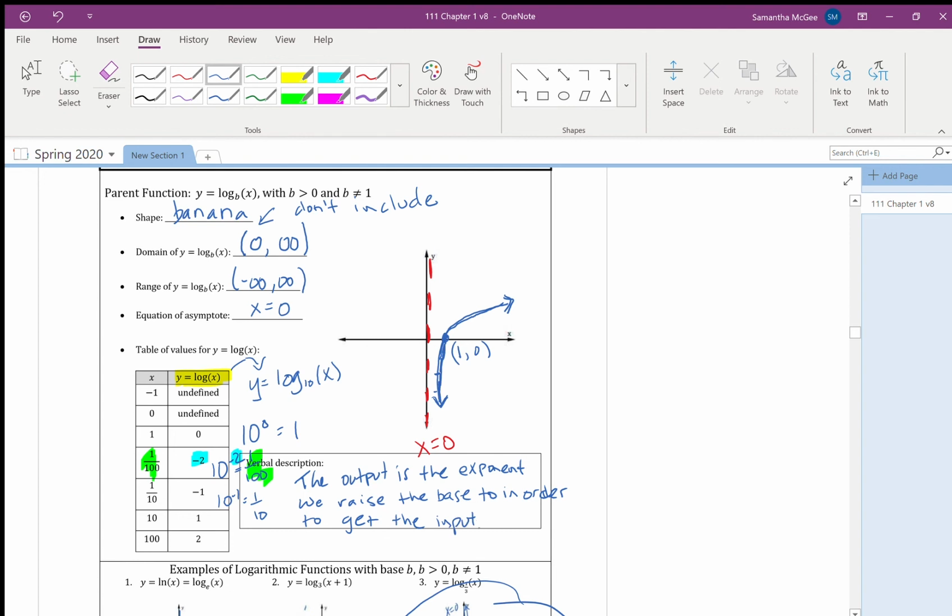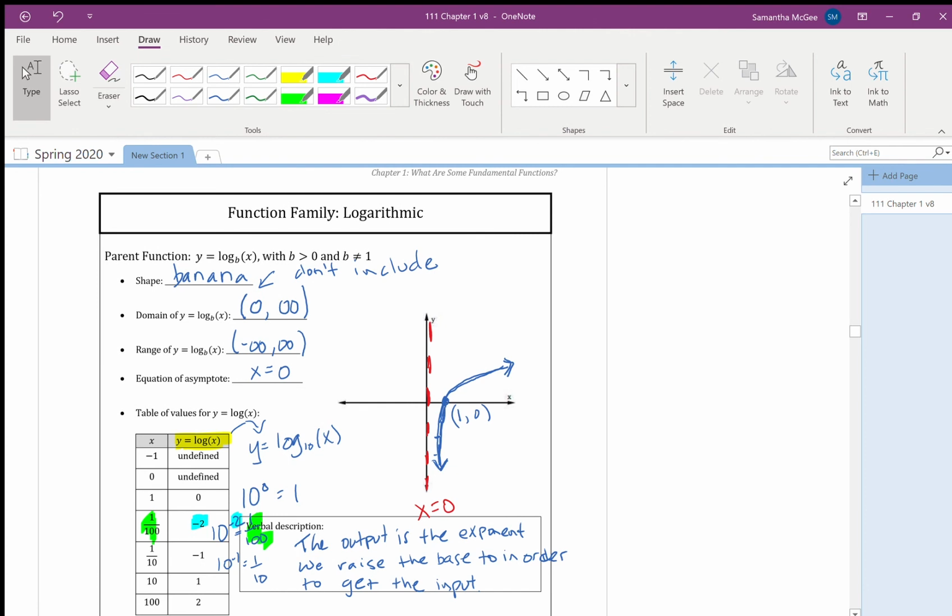And that's the main idea behind logs. That's the one thing we really want you to take away from this: logarithms are just exponents. They're the exponents that we raise the base to to get the inputs.